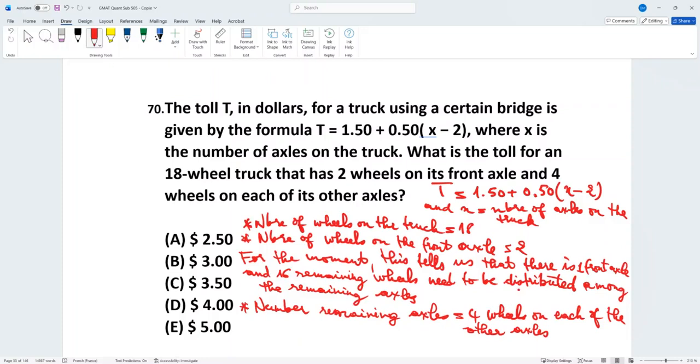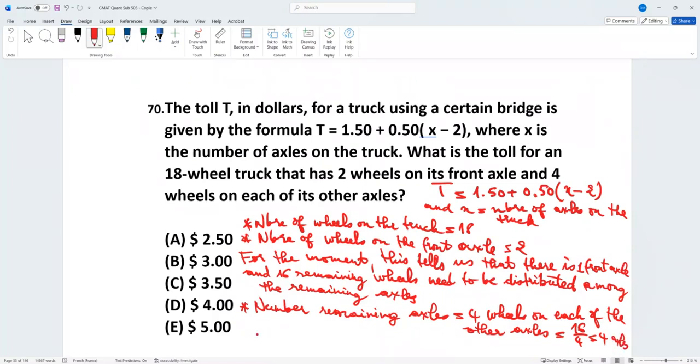So that means that since we have 16 wheels remaining, we are going to divide 16 by 4, and that is going to give us 4 axles.